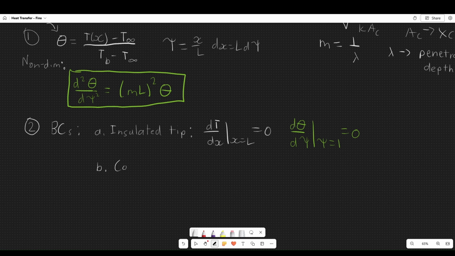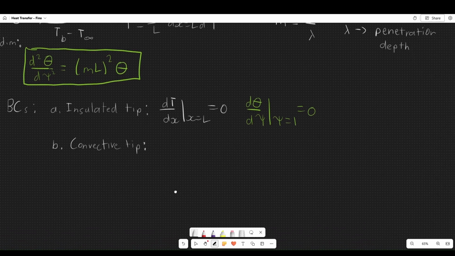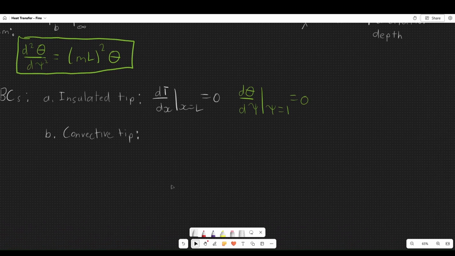The other thing that we can have is kind of the opposite of an insulated tip: a convective tip. So we actually have convection going on. This is a little bit more realistic. You're never going to see anything that's a completely perfect insulator, so a convective tip can be pretty realistic.